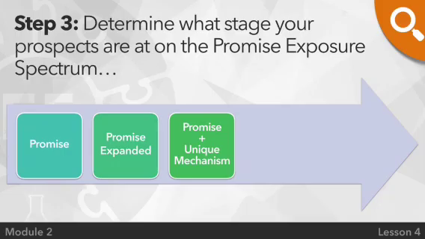Now, just like at the first two stages, at the third stage, what can be a unique mechanism today may not necessarily be a unique mechanism in a month or 3 months or a year. For example, let's go back to the fat burning world. So at one point in time, the fat burner that contained Garcinia cambogia hit the market.